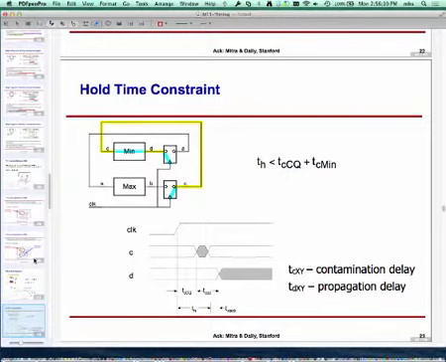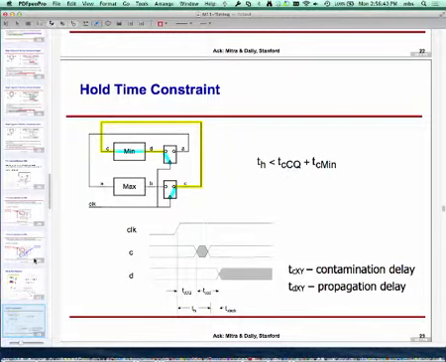So what I also need to make sure is that the data destined for the next clock edge doesn't arrive too quickly. Let's say I'm processing clock edge number 10. I need to make sure that because of some very rapid combinational logic, the data which was meant for clock edge number 11 does not arrive too soon after clock edge number 10, because then again I'll see data changing very rapidly.